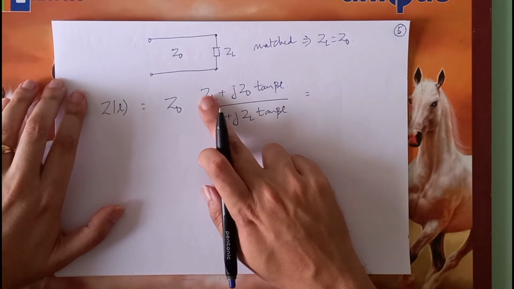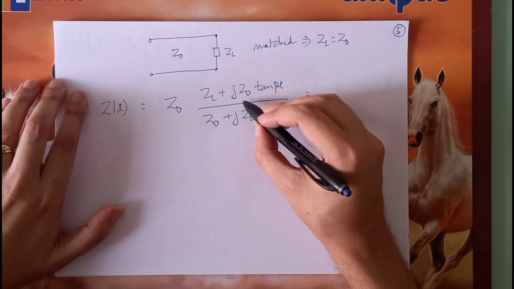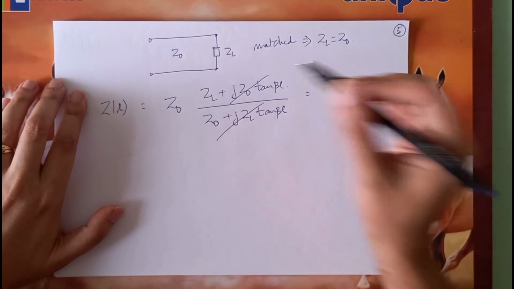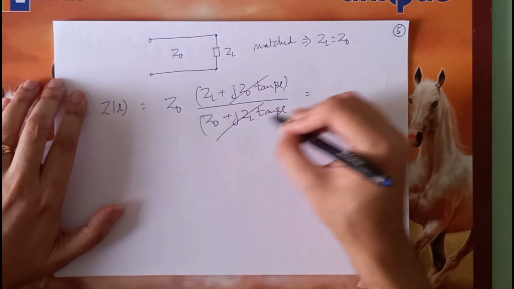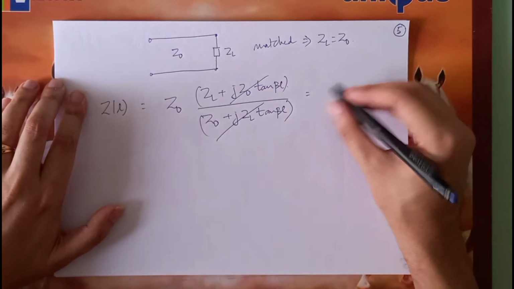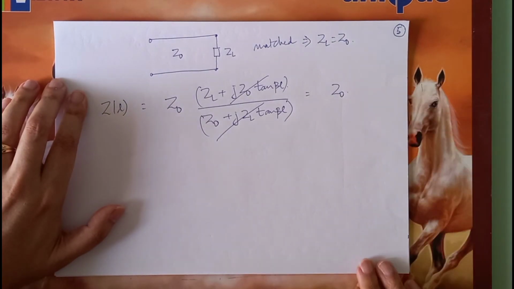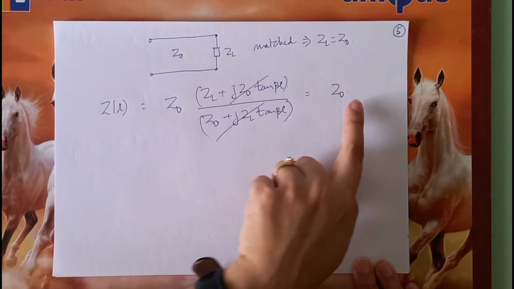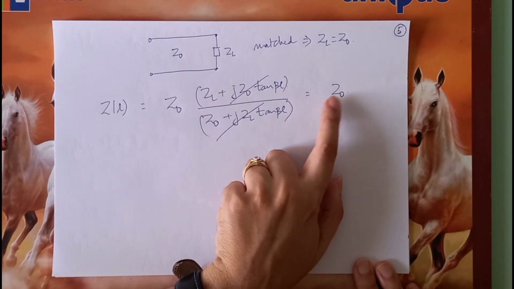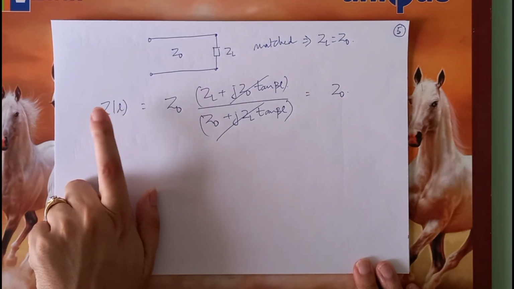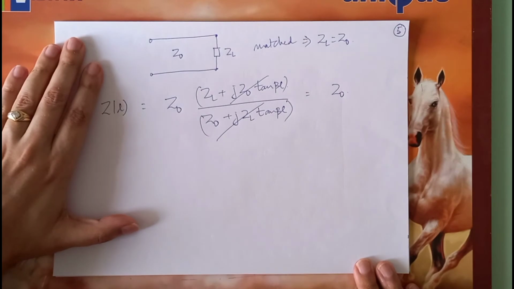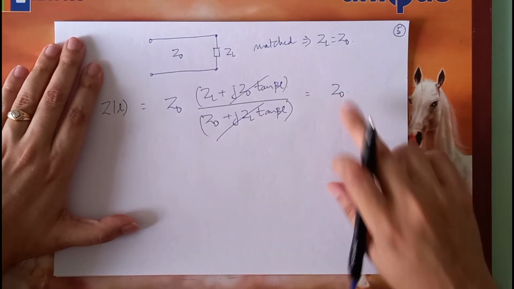If Z0 and ZL become equal, then the numerator and denominator would effectively cancel out fully, and all you would have left is Z0. So that means the impedance seen at any point on the line is always the same, that is Z0.